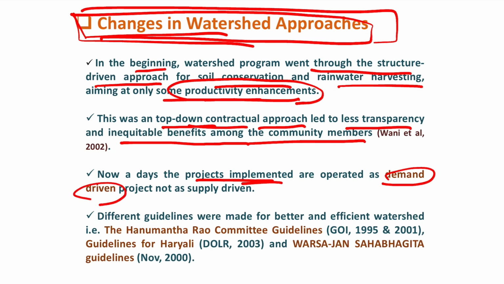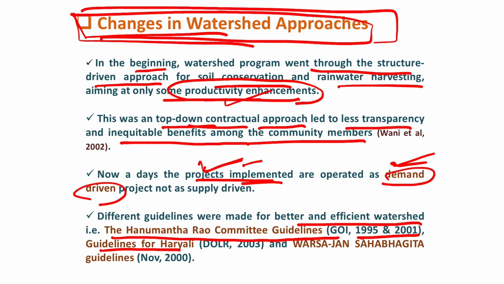So today's watershed, whatever we are implementing, that project is demand driven, right? Earlier it was productivity enhancement, now it is demand driven. So different guidelines were made for better efficient watershed, like the Hanumant Rao Committee Guideline 95 and 2001, guidelines for Hariyali 2003, then Sahabhagita Guideline 2000.